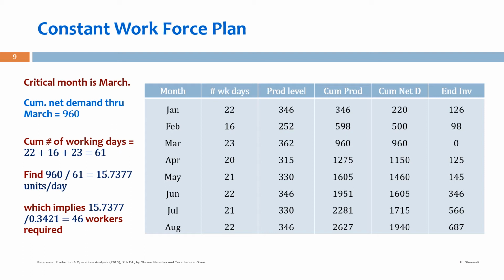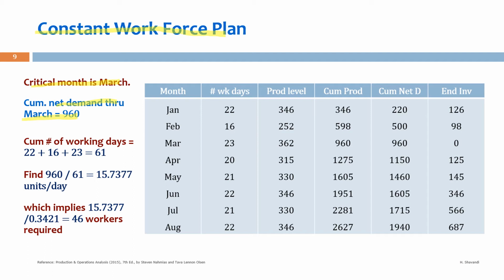As we saw, the constant production level may not be realistic. So now we are going to consider the constant workforce plan, where we assume we will have a constant workforce over the months. In this example, as you remember, the critical month, the bottleneck, is March. The cumulative net demand through March is 960, and here we have the working days per month.